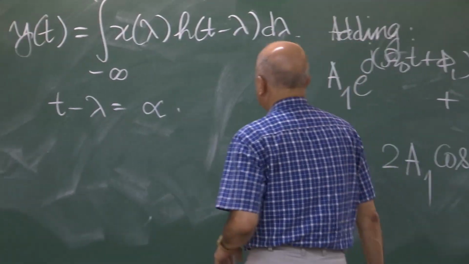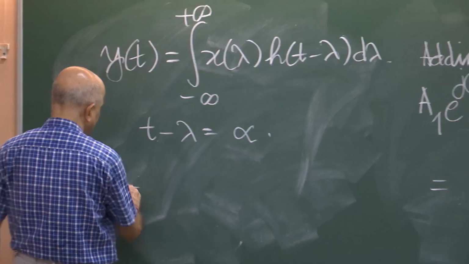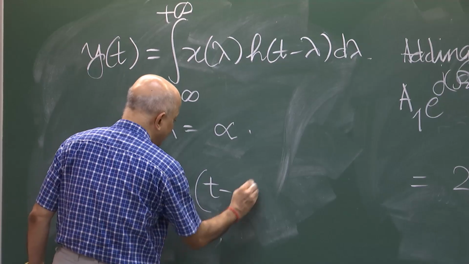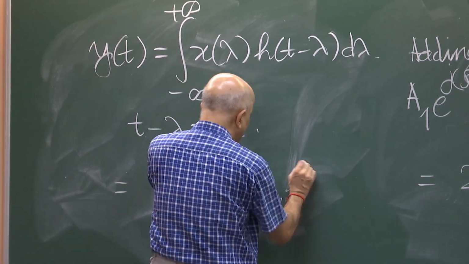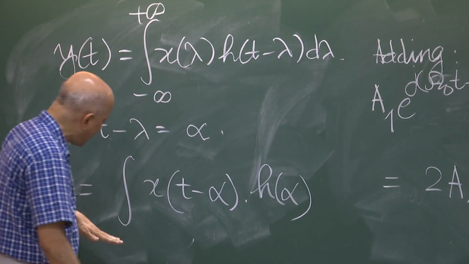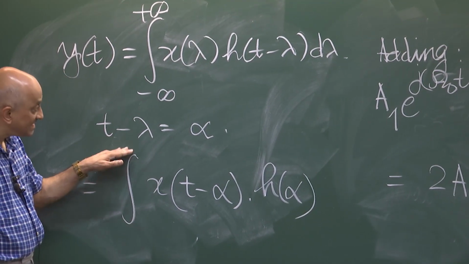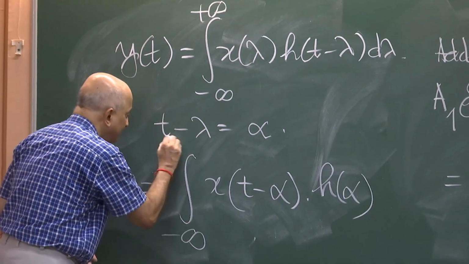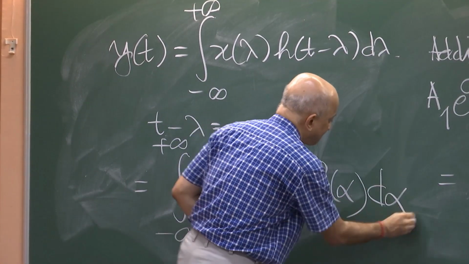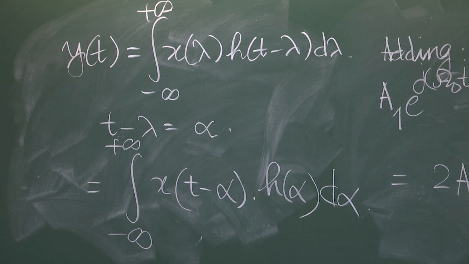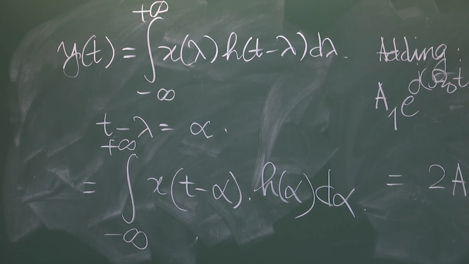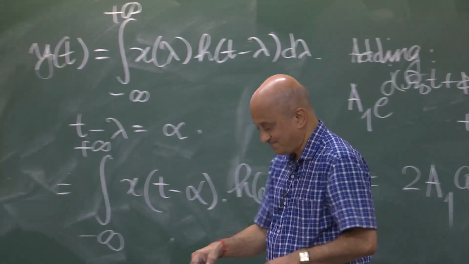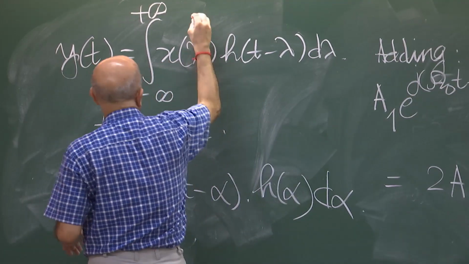That does not matter. So, one can rewrite this as, well, you have x of t minus alpha and h of alpha. And of course, alpha would be going from plus to minus infinity, but you have a minus d alpha there. So, this minus can be combined and you get minus to plus infinity d alpha. Is that right? And therefore, you can see that convolution is commutative in the arguments. So, convolution is commutative.